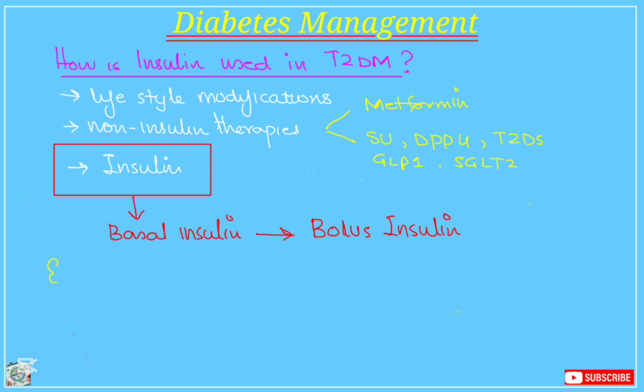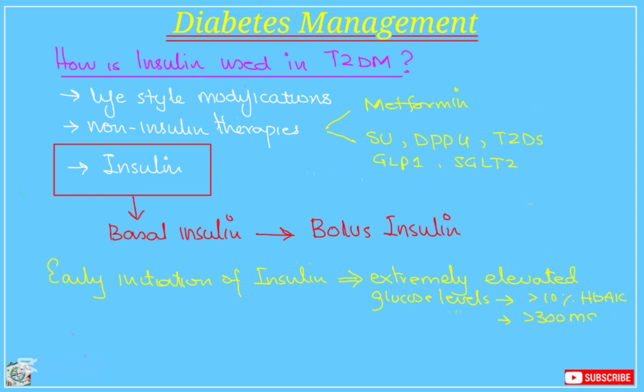Another important aspect of the management of type 2 diabetes is when insulin should be started early in the disease. In certain cases, early initiation of insulin therapy is preferred, particularly in patients who have severely elevated glucose levels, like an HbA1c of greater than 10% or a glucose level of greater than 300 mg per dL.